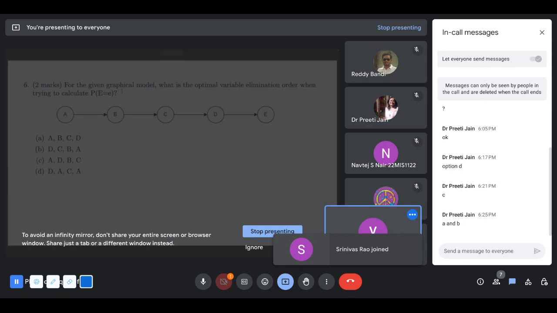So this is a Markov chain, and what was asked is what is the most efficient way of eliminating the variables if you want to compute this event, the probability that E takes a value of E. Let's see.